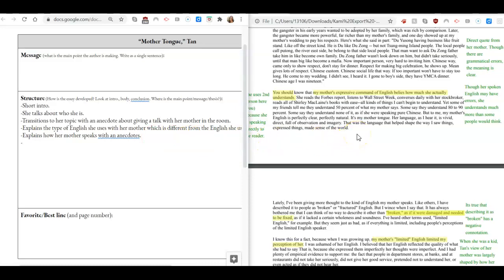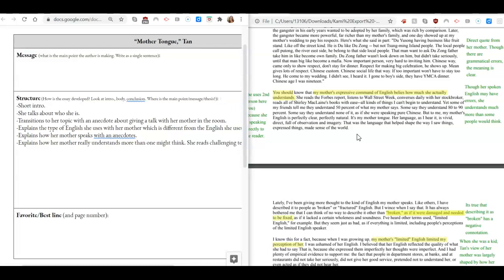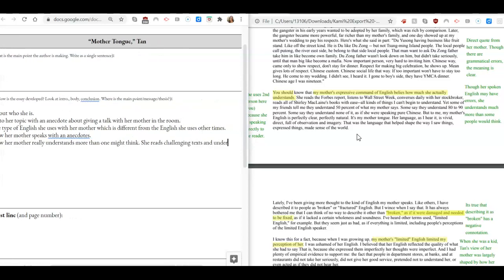So she goes on to explain how her mother really understands more than one might think. She reads challenging texts and understands them.